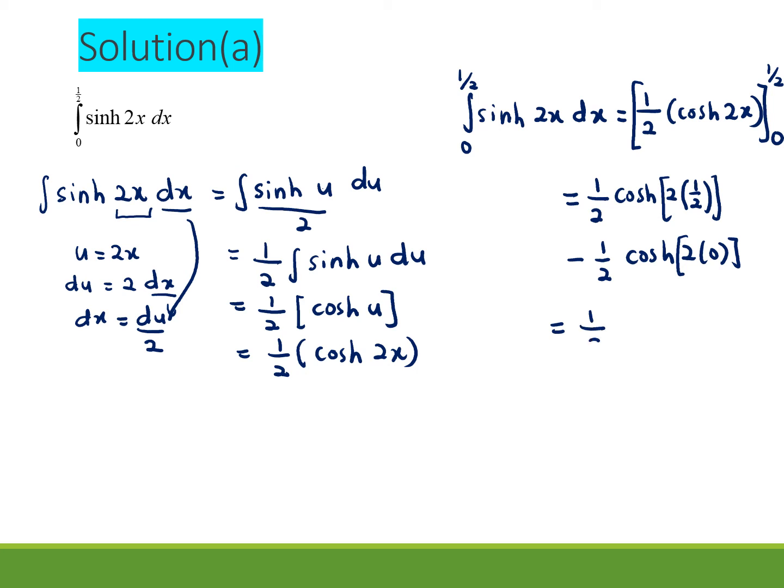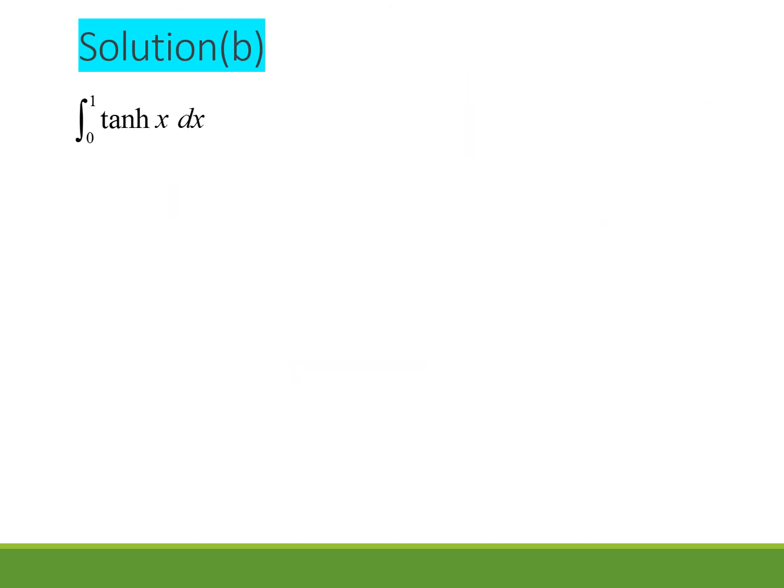So we have 1 over 2 cos hyperbolic of 1 minus 1 over 2 cos hyperbolic of 0. So by using a calculator, you will get 0.2715. So this is the answer for the first question.